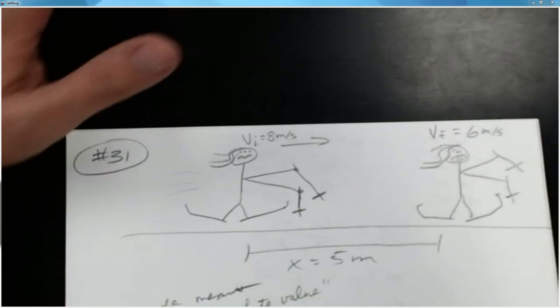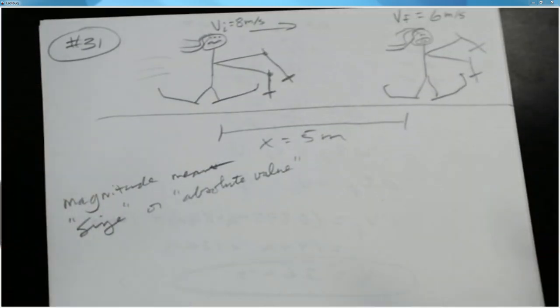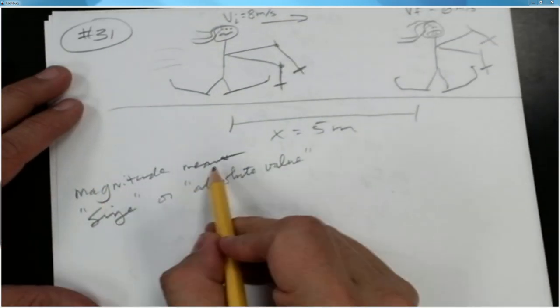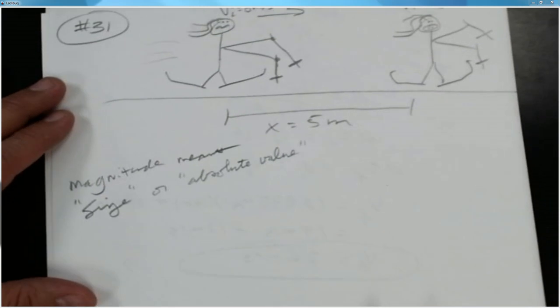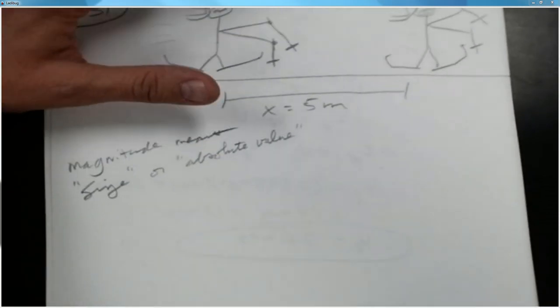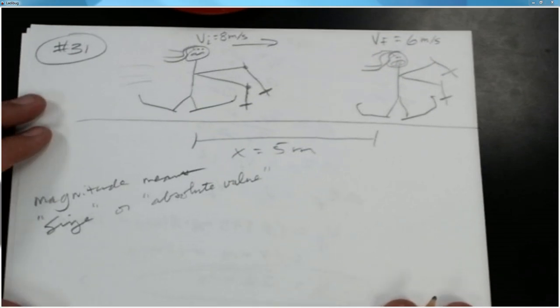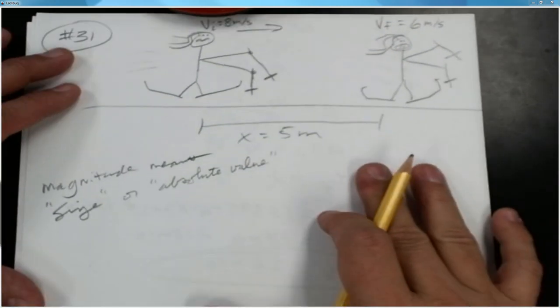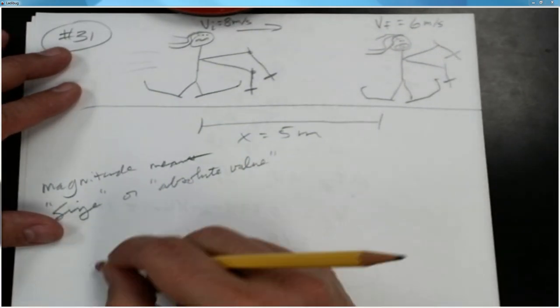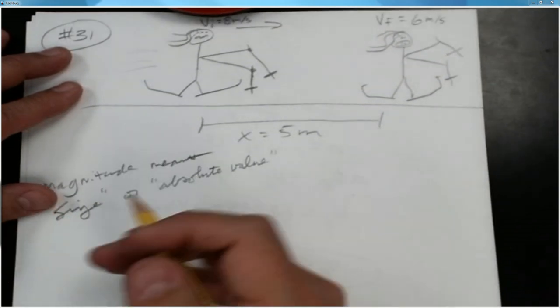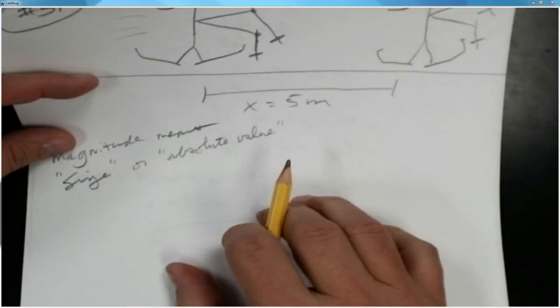The thing was not in the screen. I'm sorry, kids. I was just writing this down. Magnitude means size or absolute value, but this ladybug, if I could show you how annoying this thing is. Whatever. That's my problem, not yours. So we have to find the size or absolute value.